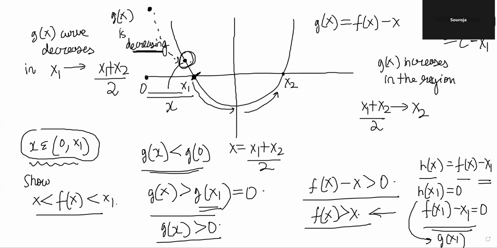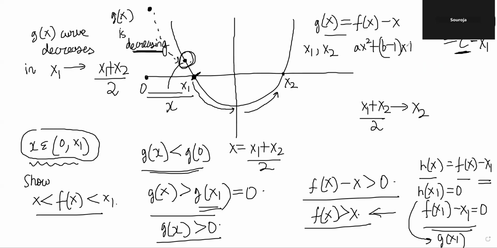Why am I writing it as c? Because f(x) is ax squared plus bx plus c. And then we can say that this c can also be written using the fact that x1 and x2 are roots of g(x). Now, the g(x) function looks like this: ax squared plus (b minus 1)x plus c, because it is ax squared plus bx plus c minus x.